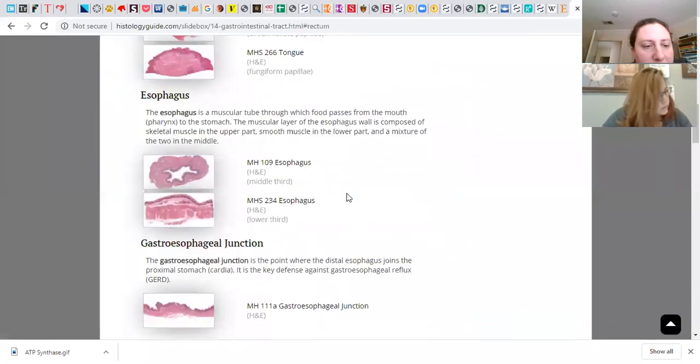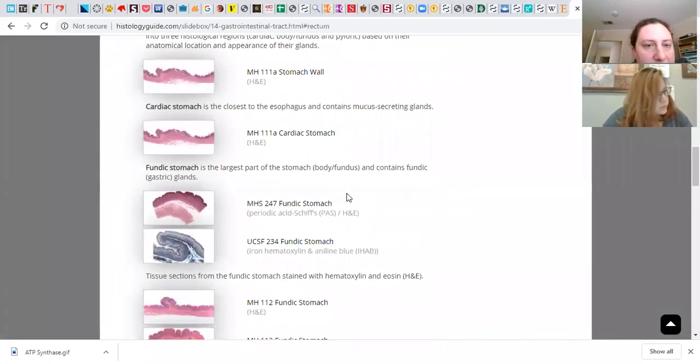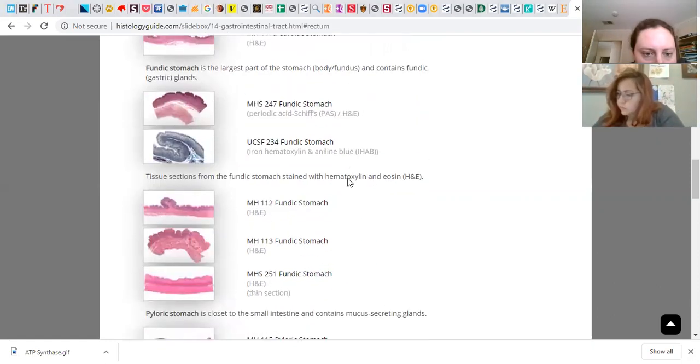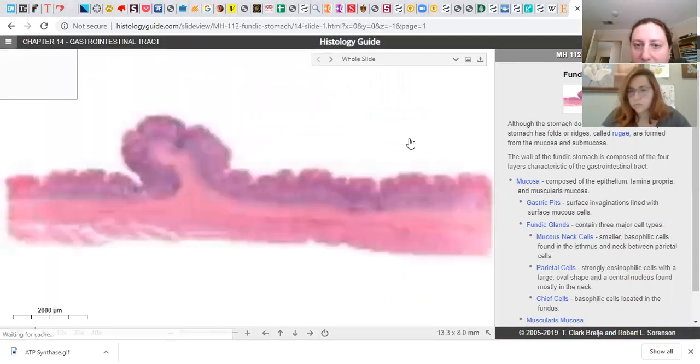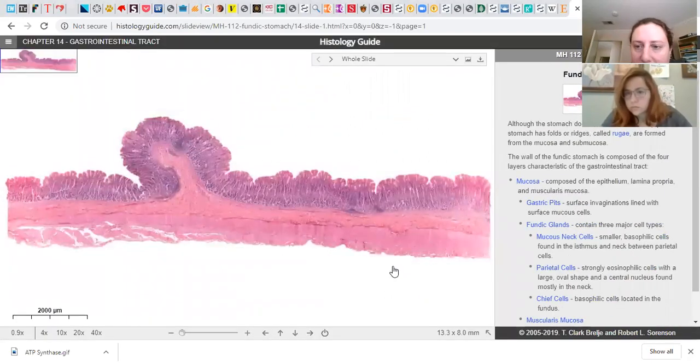So we're not necessarily going to have any good serosa identified here. And that's okay. Honestly, it's the least important layer when it comes to this stuff. There were so many stomach options, it was hard to find one good one. Yeah, so there is no serosa. It would be down here.